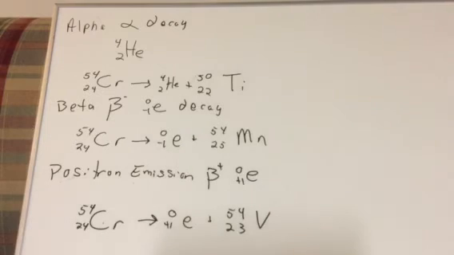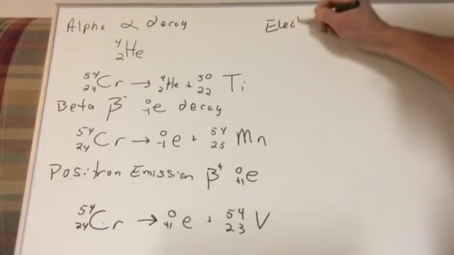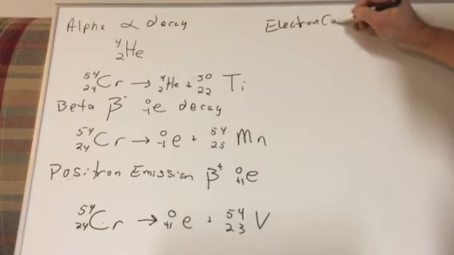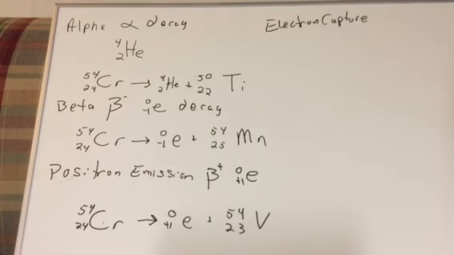Now I'm going to switch over to the other side here, so I'm trying to get this all in. The 4th type is called electron capture. And in this situation, we have an element that is going to gain an electron.